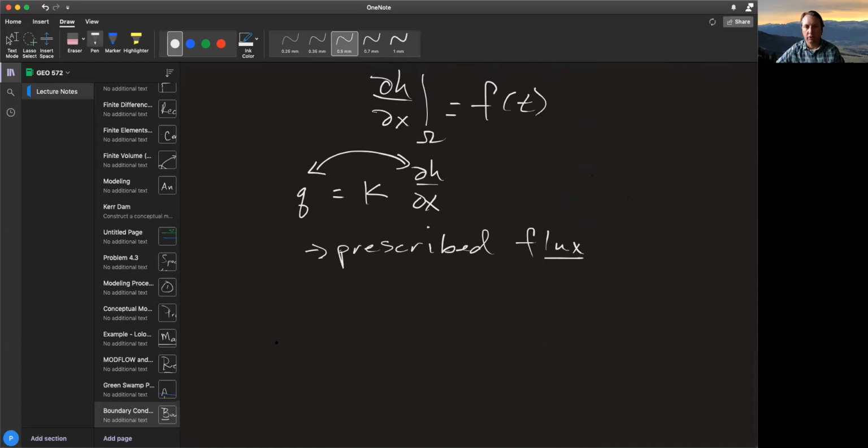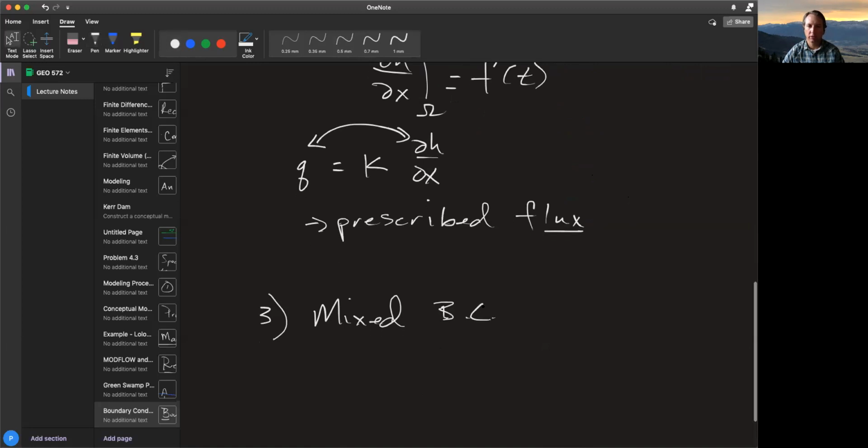All right, and then the third type is really kind of a class. The third type I'm going to call mixed species, and that is where we have a mixture of flux and gradient.